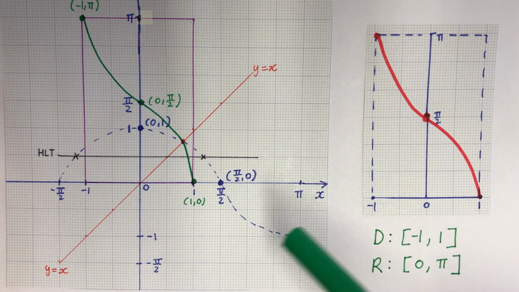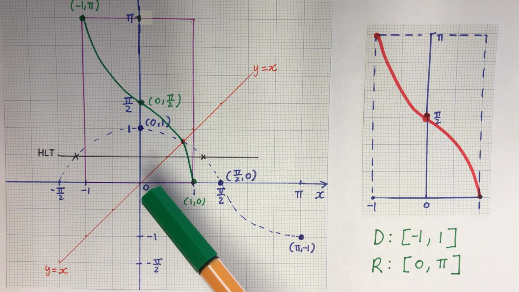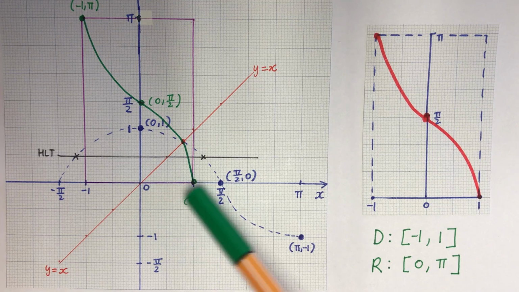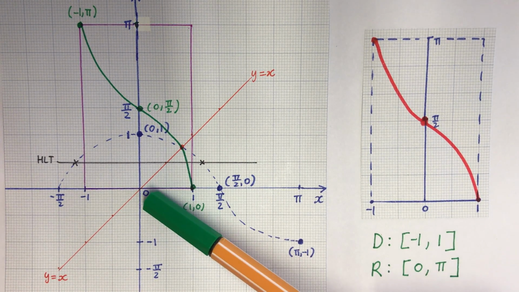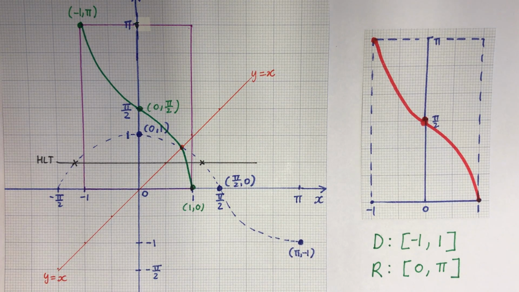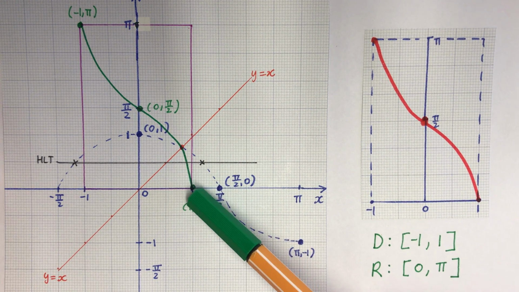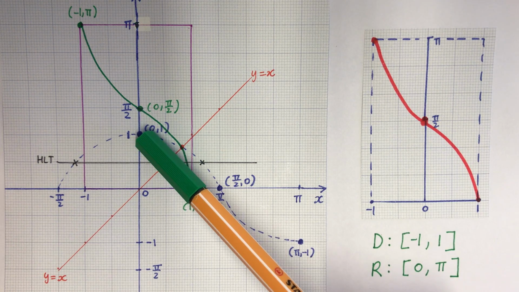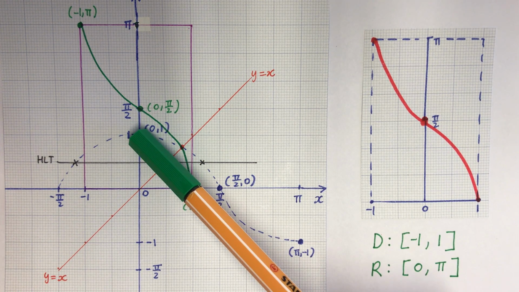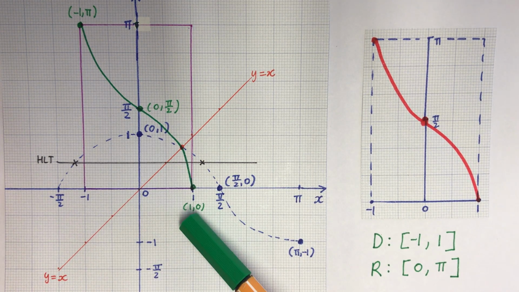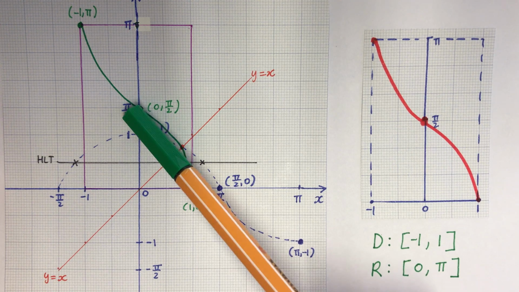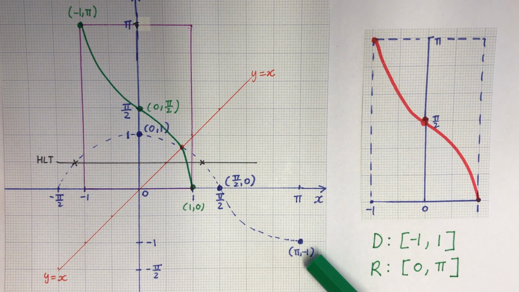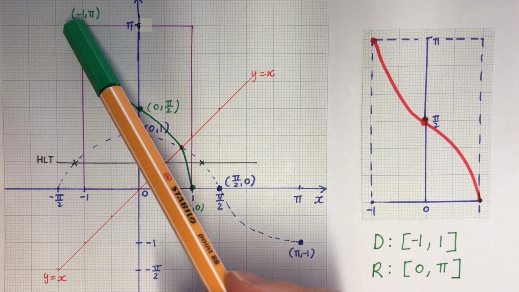Now my domain becomes my range for the inverse function, so I'm going to have 0 to pi up there. My 0, 1 becomes 1, 0. So 1, 0 will be here, pi over 2, 0 becomes 0, pi over 2 and will be here, and pi, minus 1 becomes minus 1, pi and will be there.